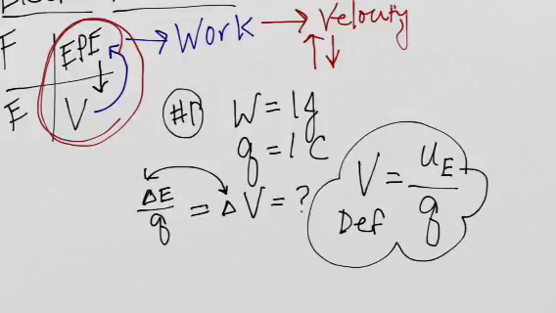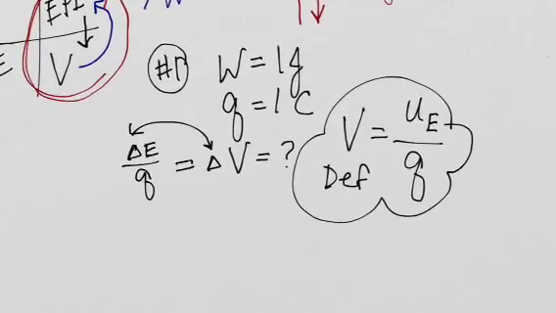Now, this equation is not written like this on the formula chart on College Board. Instead, it's written slightly rearranged, and it's actually written as the change in potential energy for electric potential energy is equal to the charge times the change in potential.